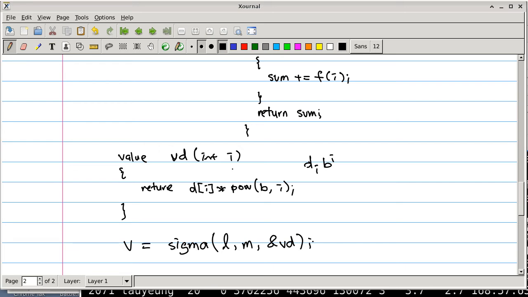In other words, VD is going to correspond to parameter F when we define sigma. Is that okay? Is that sufficiently explaining what sigma does? Okay.